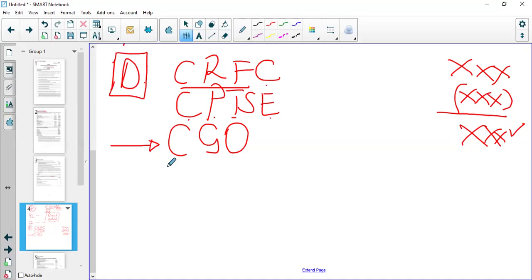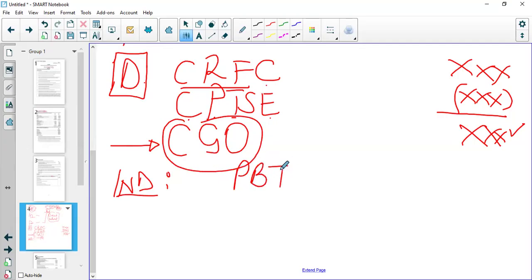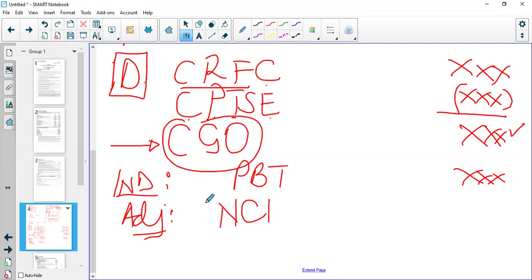Now, if you're using the indirect method, your starting point to determine the cash generated from operations is profit before tax. Then you adjust that profit before tax for non-cash items, so you reverse the non-cash items included in the calculation of profit before tax.